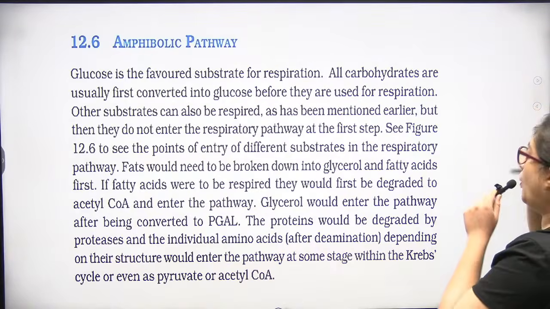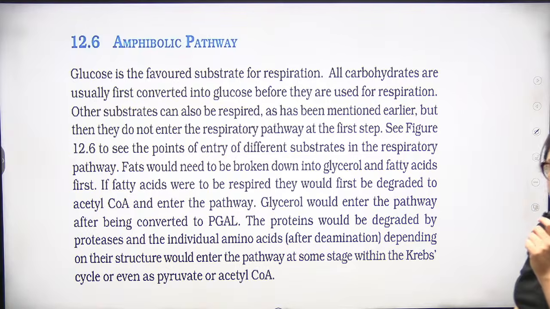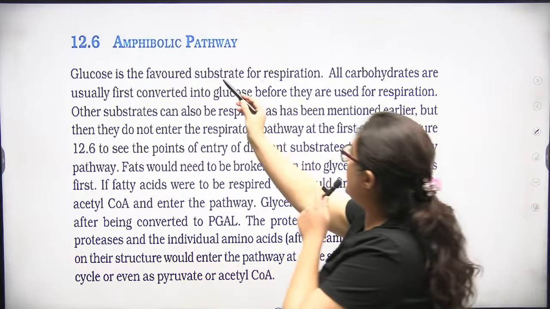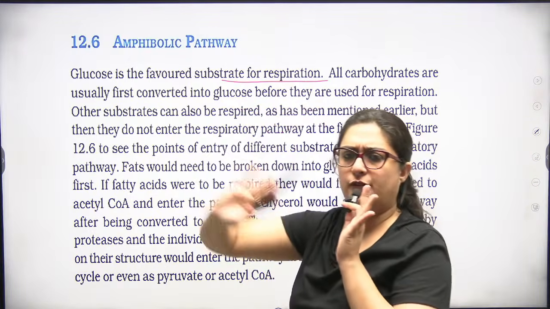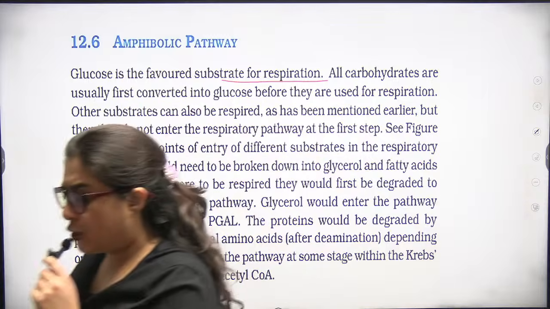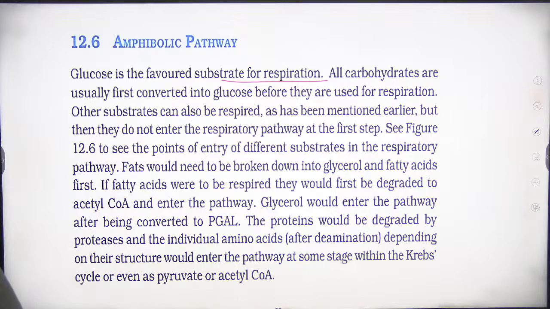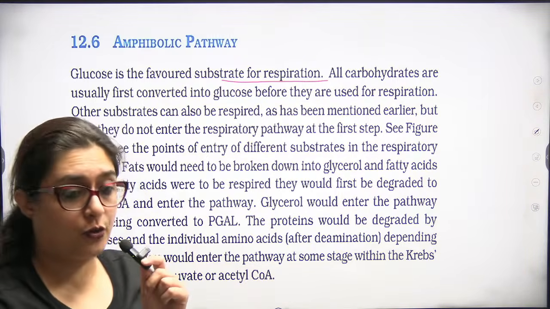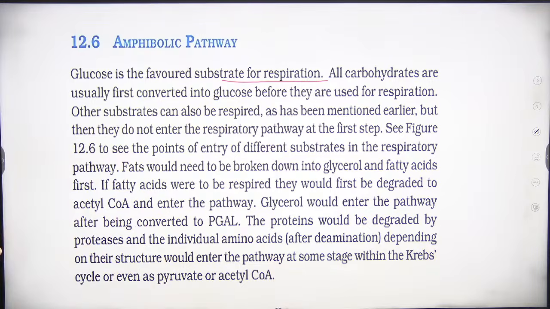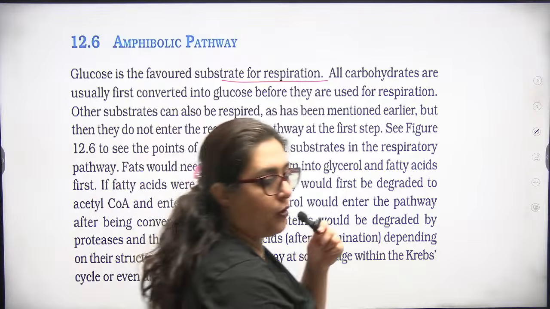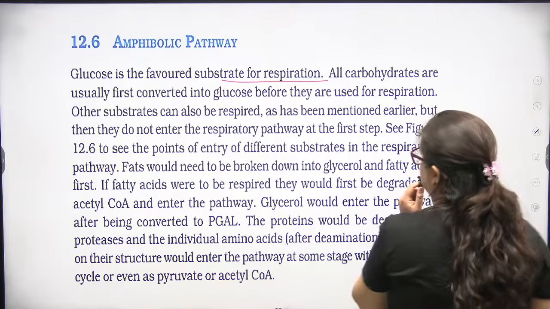Now, amphibolic pathway. What do you mean by this? Glucose is the favored substrate for respiration. It should be there to trigger the initial action of respiration. All carbohydrates are usually first converted into glucose before they are used for respiration.